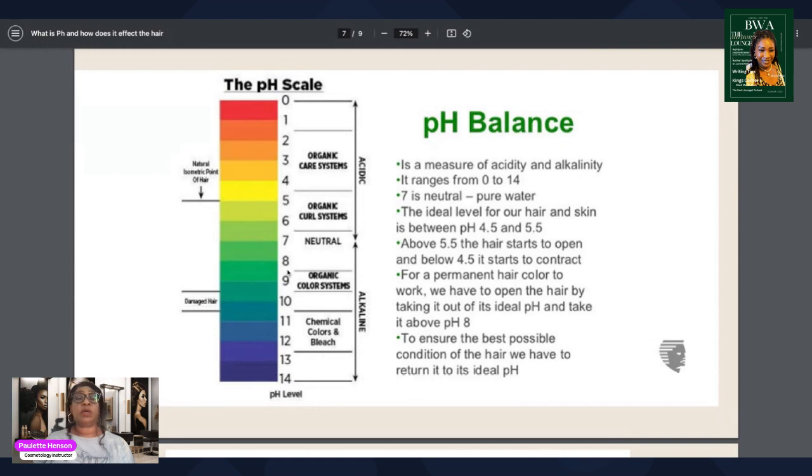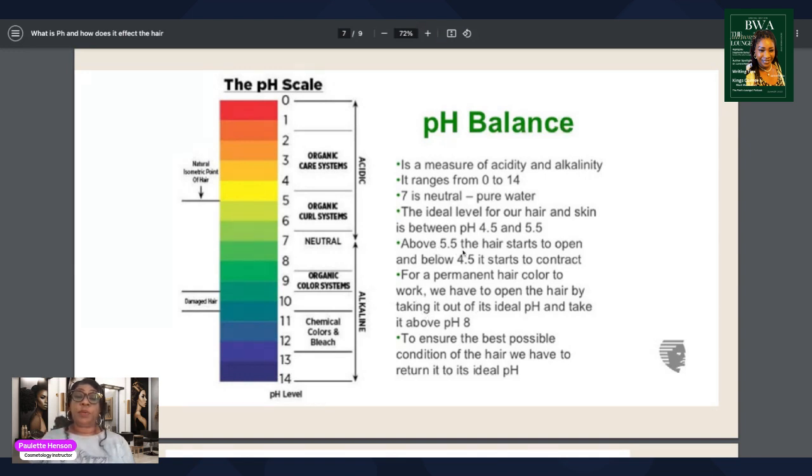And so you want to treat the hair very gently, especially those that have fine hair. You want to be extremely mindful of that. Do not rough up the hair after a hair coloring service or a chemical service, because it takes time to regulate that hair back to a healthy state.